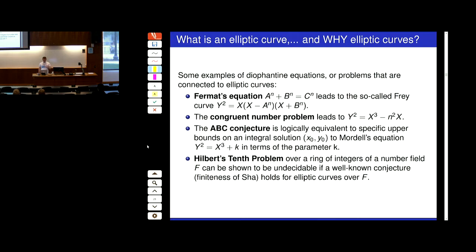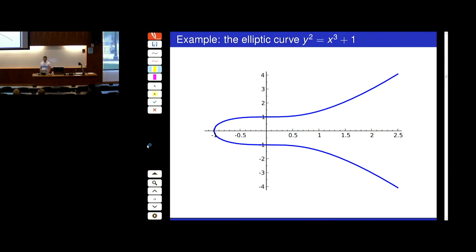So there are many important problems that go back and connect to elliptic curves themselves. Okay, so hopefully that is enough for you. I have a much more basic interest in elliptic curves, which is that I think they're just really cool.